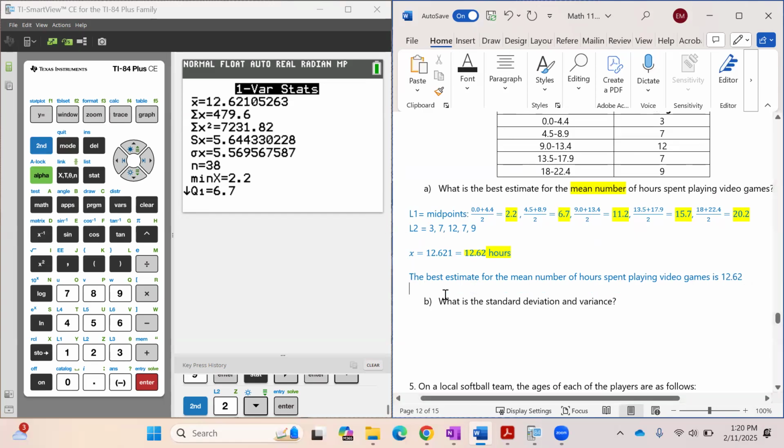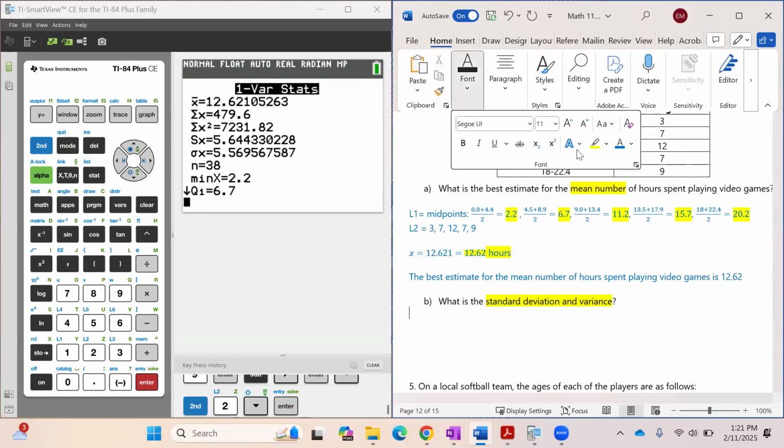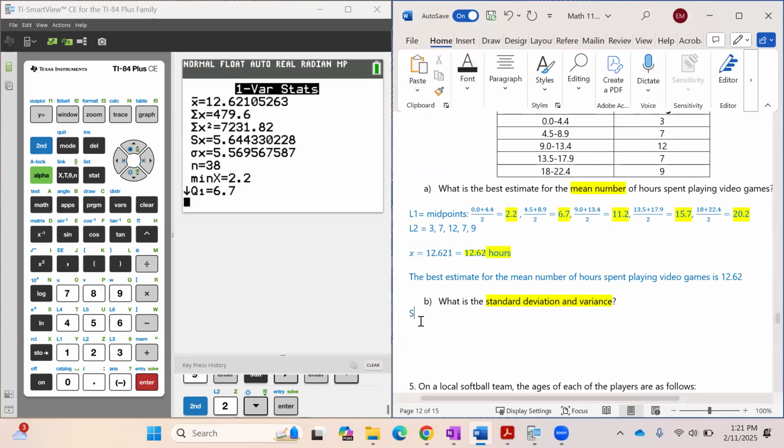Okay, so within the calculations we did, we are able to get the standard deviation and variance as well. So standard deviation, remember it's that Sx on the calculator.